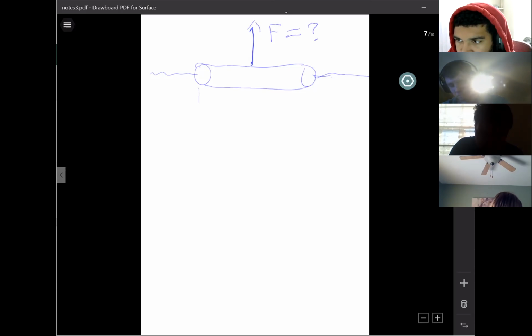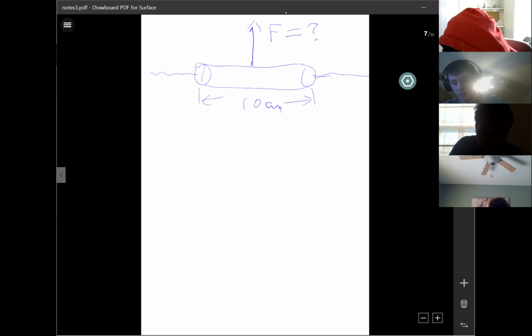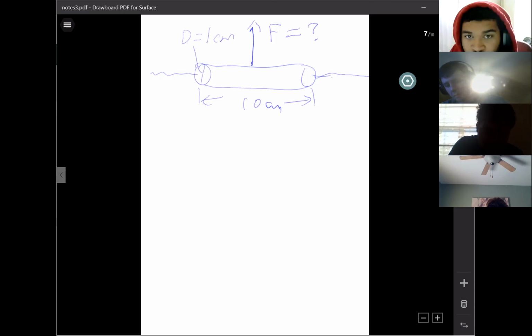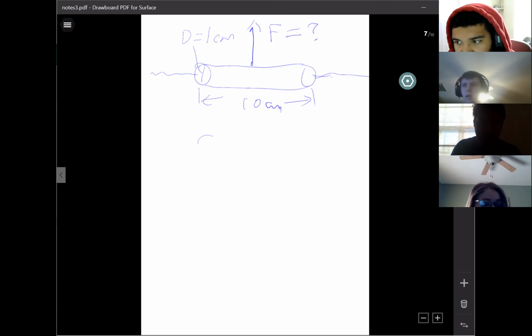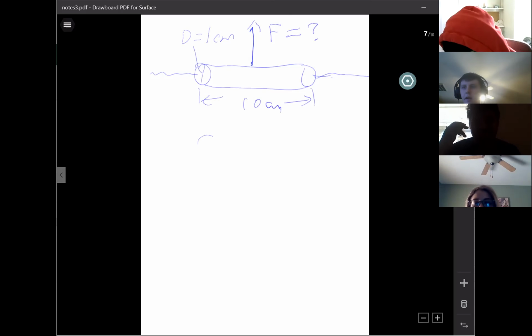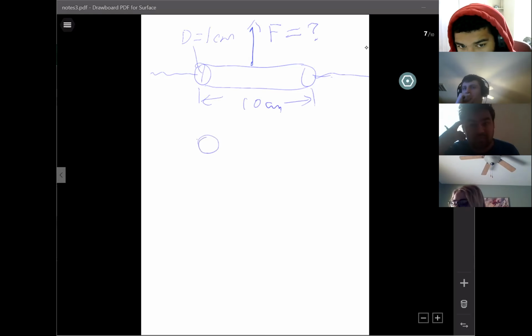This cylinder has a length of 10 centimeter and the diameter 1 centimeter. By the way, turn on all the videos if you can, because it's quiz time. What I want to draw one more thing is, if you have a front view, what happens is this. Actually you pull the water up, right?